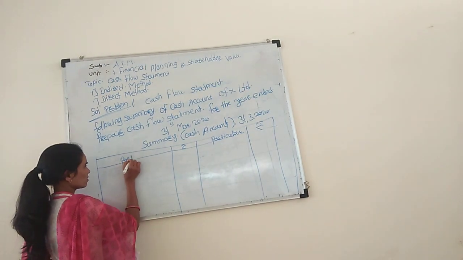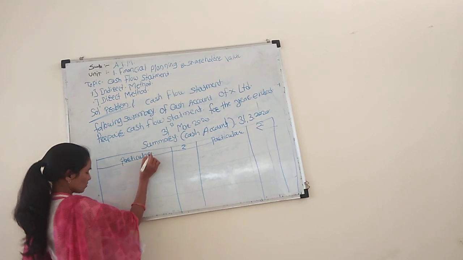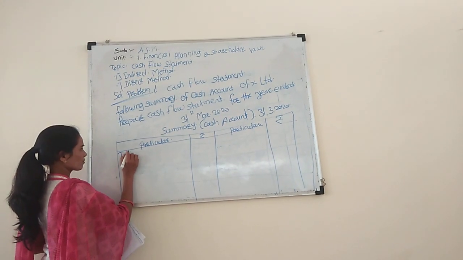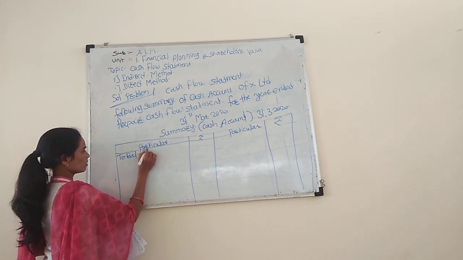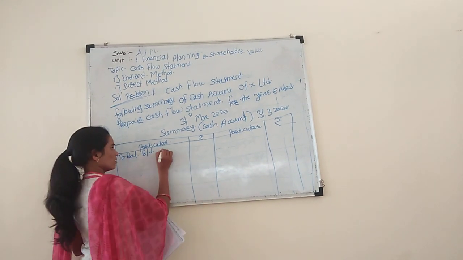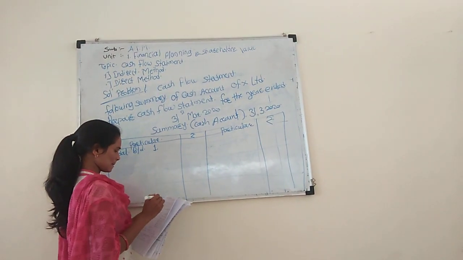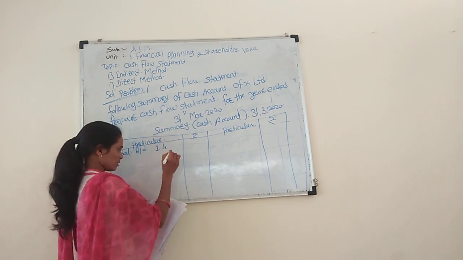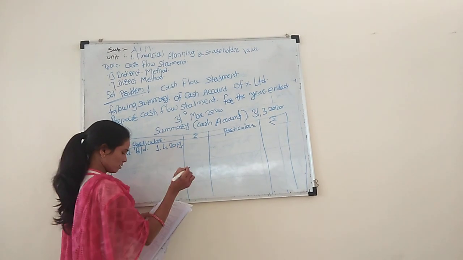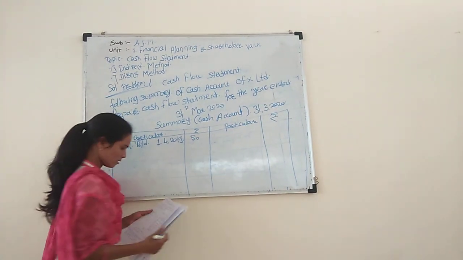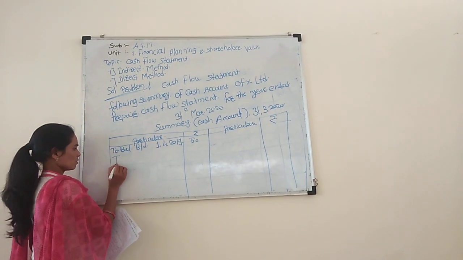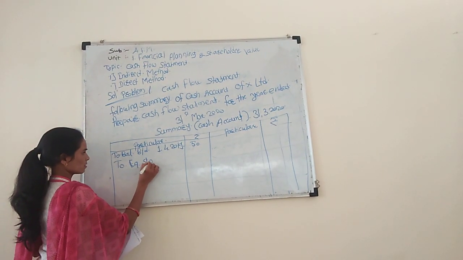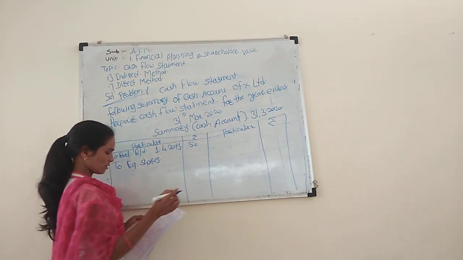Particulars. First, to balance brought down, 1 April 2019: 50. Next, to equity shares: 300.